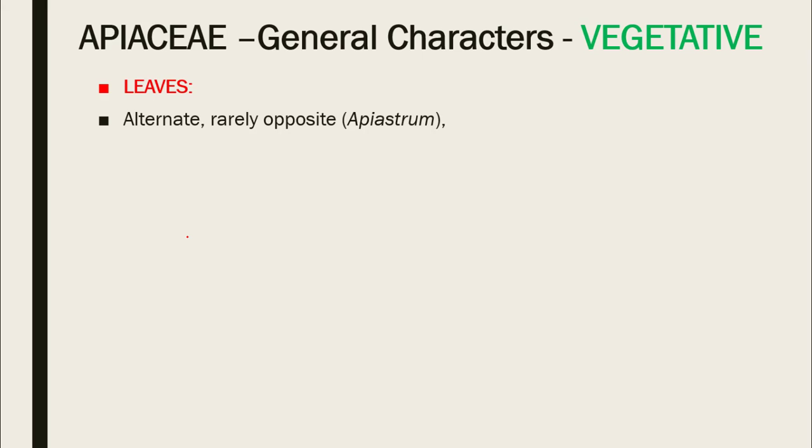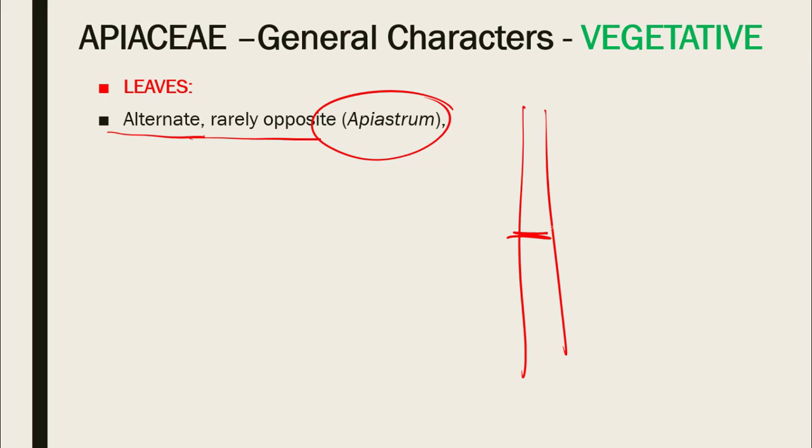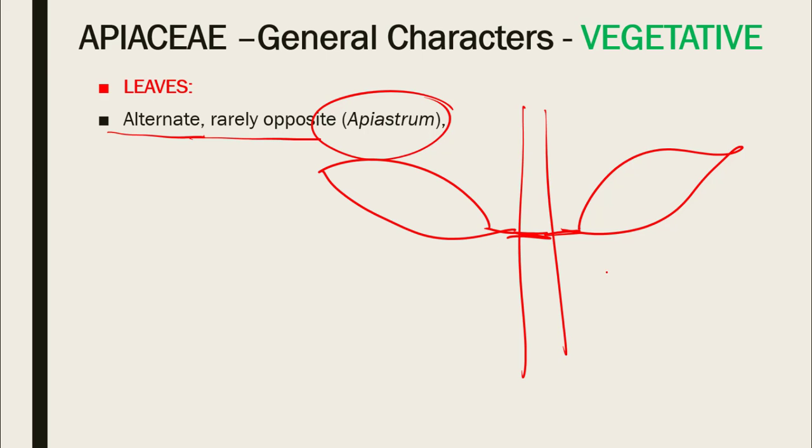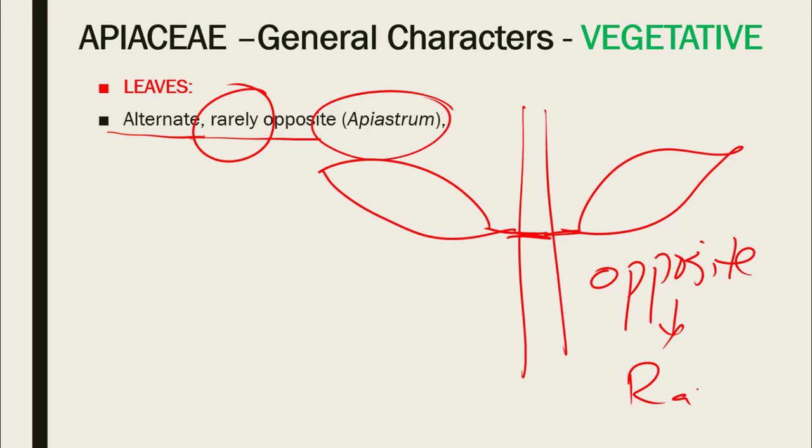Next is the leaf. Mostly the leaves are alternate. Rarely you would find the leaves opposite as in Apiastrum. So an opposite leaf arrangement would be, this is a node, with leaves on either side of the node facing each other. So this is an opposite condition. But this is rare in Apiaceae.